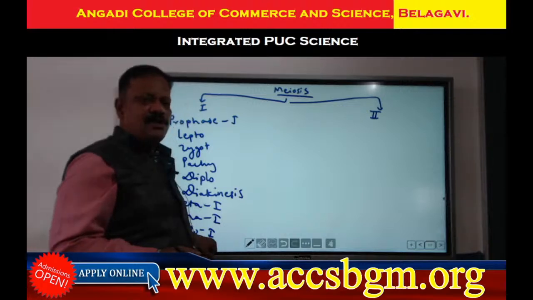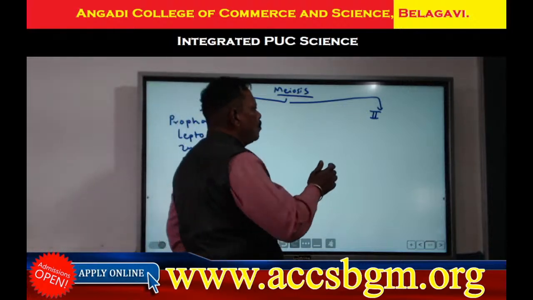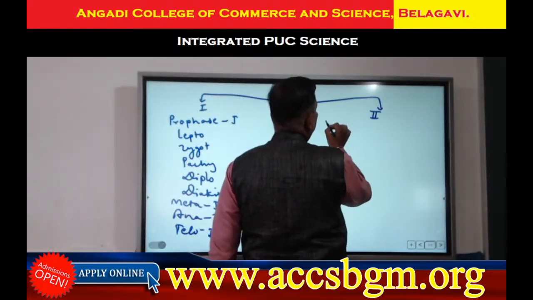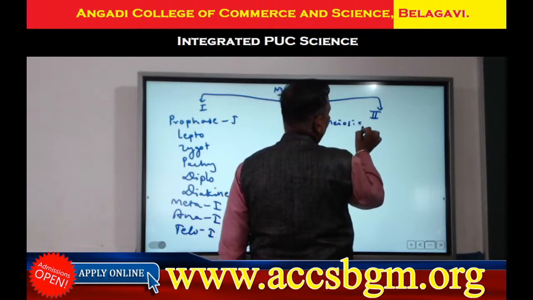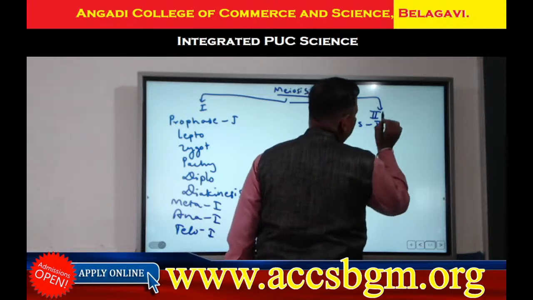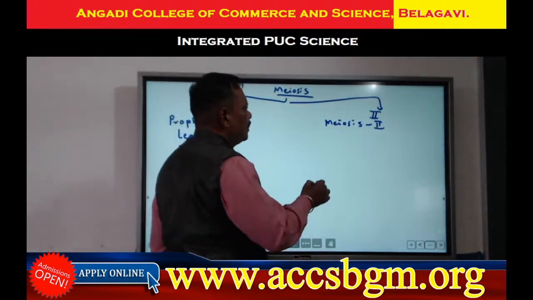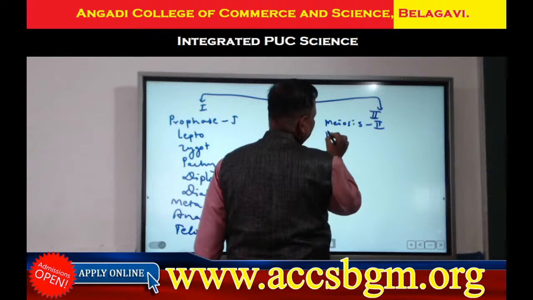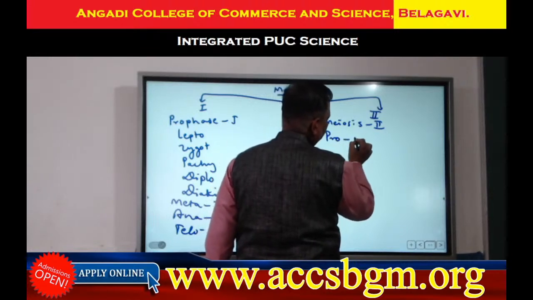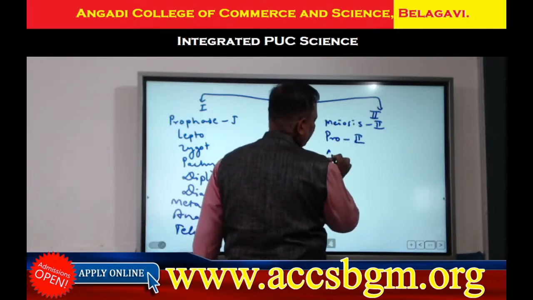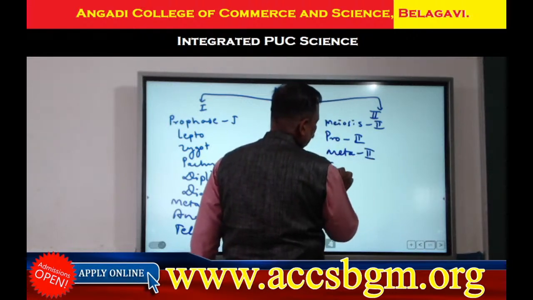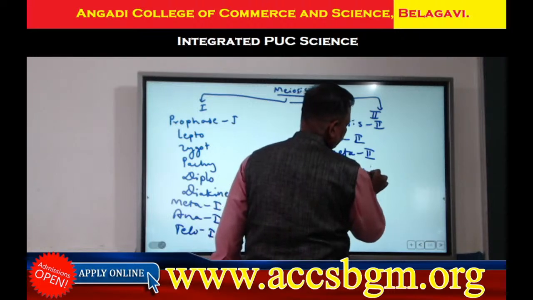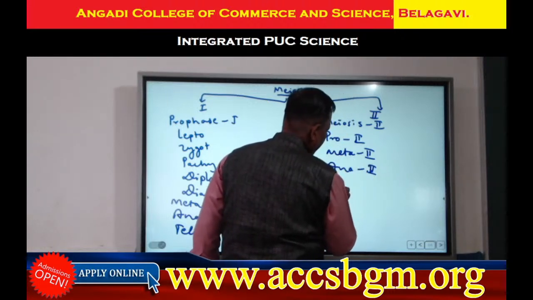After telophase 1, it undergoes meiosis 2. In meiosis 2, again the repetition: prophase 2, metaphase 2, anaphase 2 and finally telophase 2.